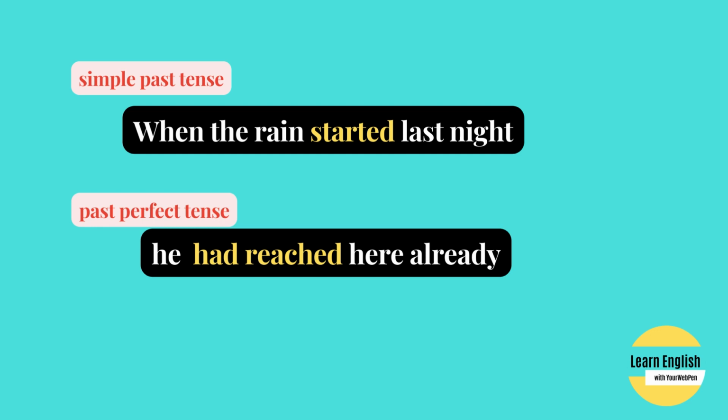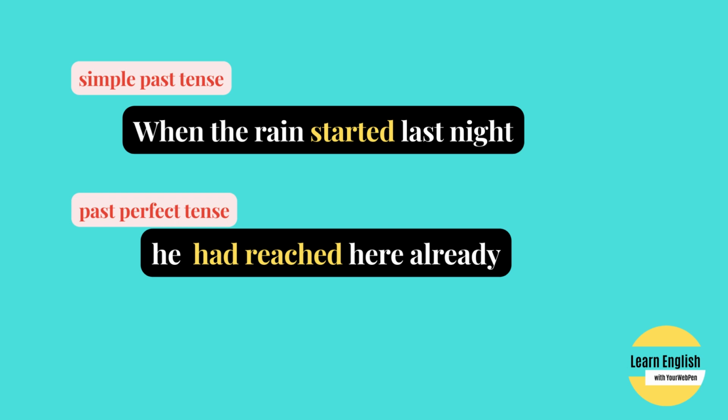He had reached here already. Had reached here. Had, because with respect to the past point when the rain started, he completed the act of reaching before the rain started.